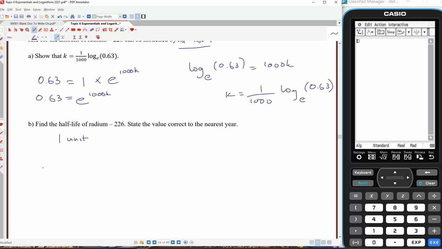If this is our equation, A(t) equals 1 unit times e to the, now the k value is 1 over 1,000 log e of 0.63, times t. What we want, if I've got 1 unit of it to begin with, is when A(t) equals 0.5. That's half of the 1 unit.